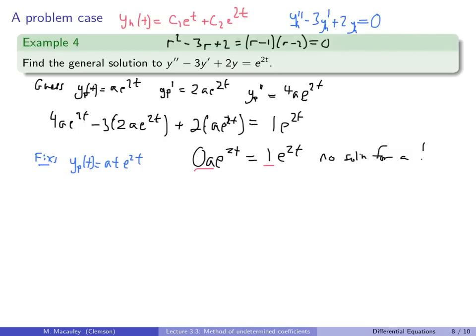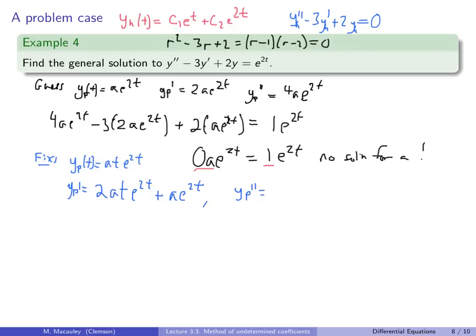So let's check. The derivative of this, y_p prime, by the product rule, is 2a t e to the 2t plus a e to the 2t. And the second derivative, y_p double prime, so let's take the derivative of this.